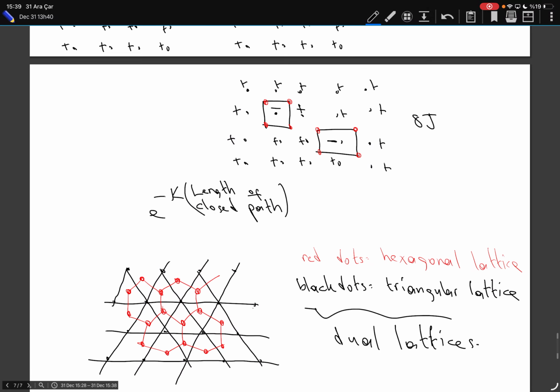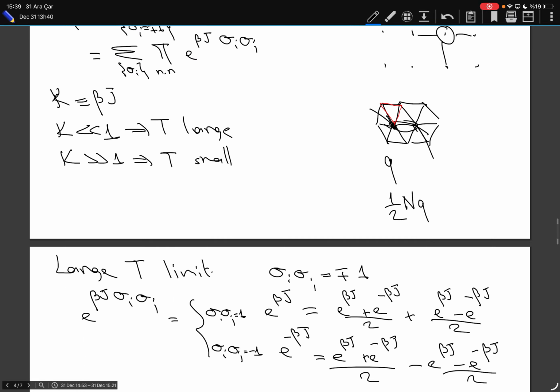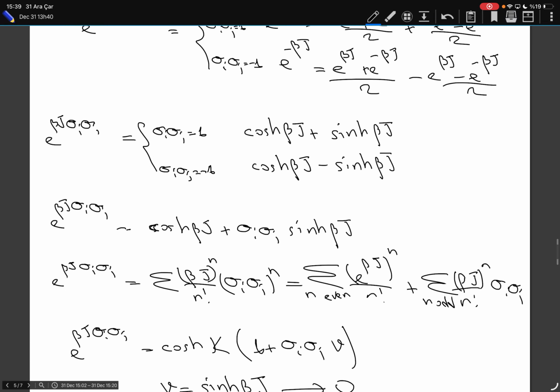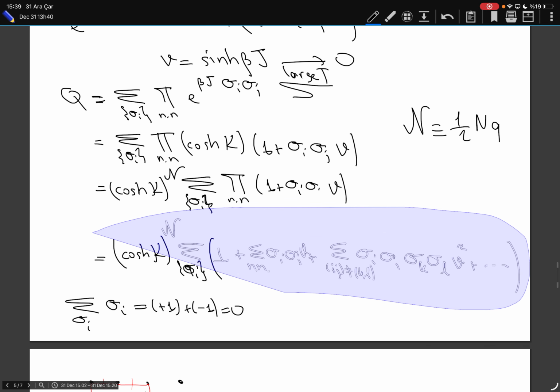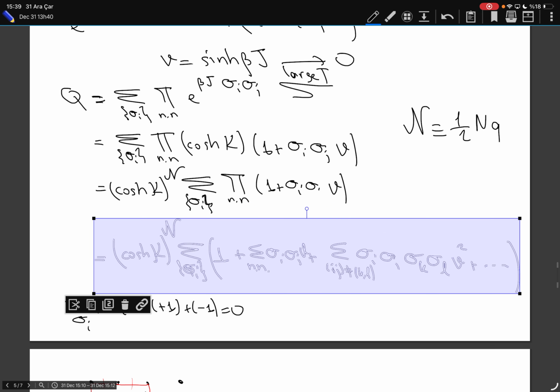And in fact, let's go back. We said that, okay. So here we made all these expansions. You see, up to this point, I make no approximation. This is exact. The approximation is when I say that, okay, at high temperature, V is small, so I can truncate this expansion at a given order.